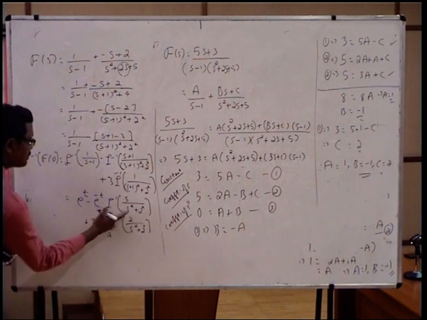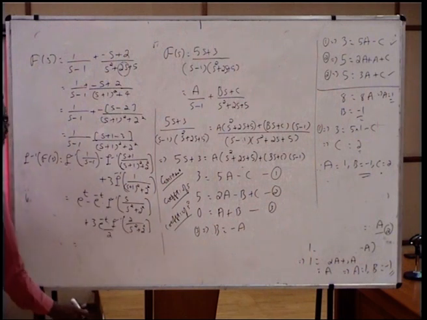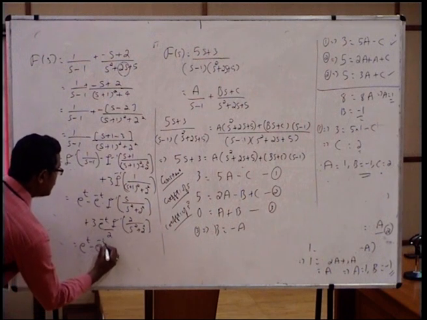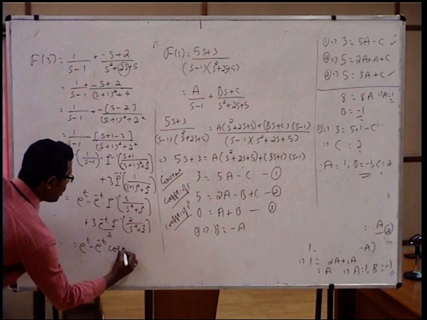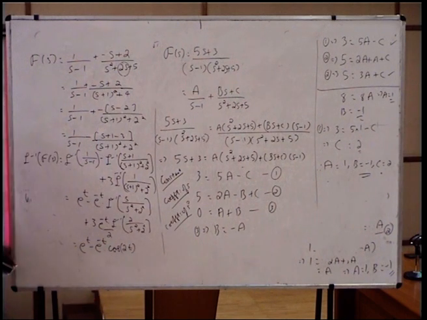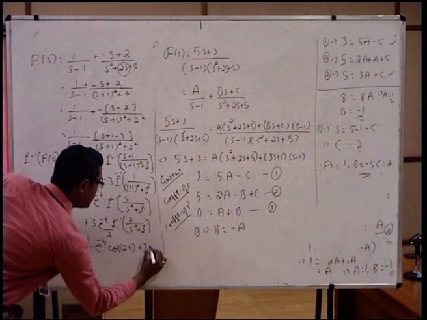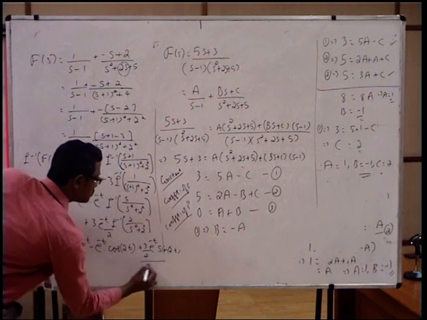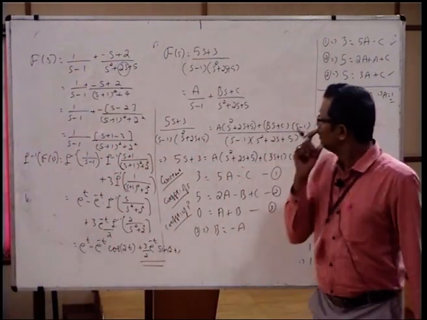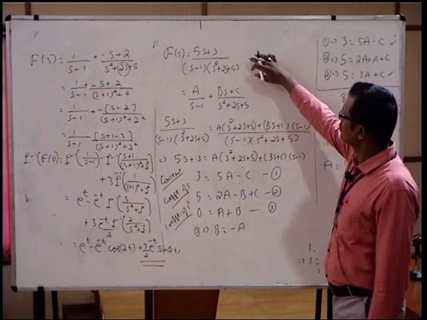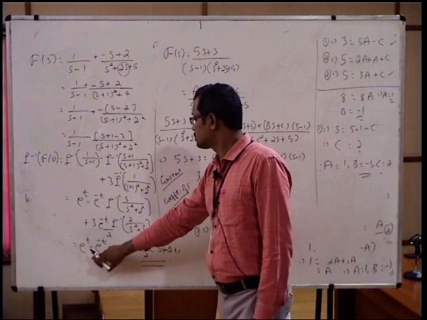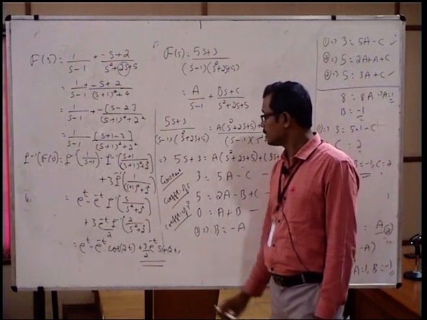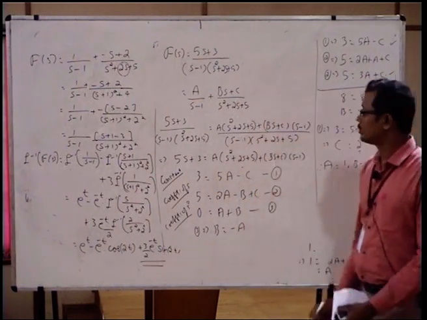Again, if you consider inverse transform of s by s square plus 2 square, that is cos 2t, so I can write this as e raised to t minus e raised to minus t into cos 2t plus 3 by 2 times e raised to minus t into sin 2t. Therefore, the inverse Laplace transform of the given function f of s is e raised to t minus e raised to minus t into cos 2t plus 3 by 2 into e raised to minus t into sin 2t.